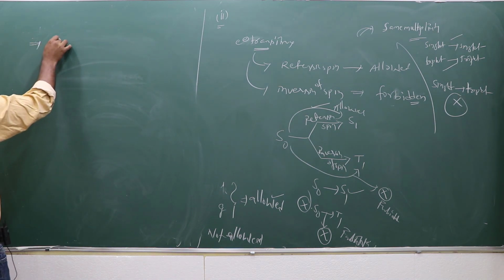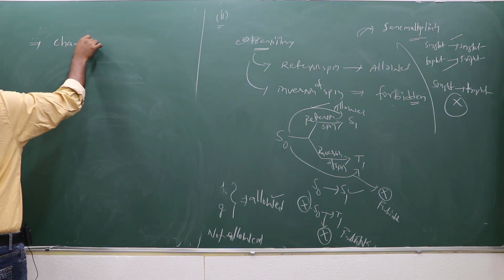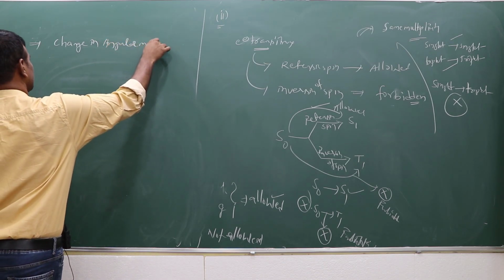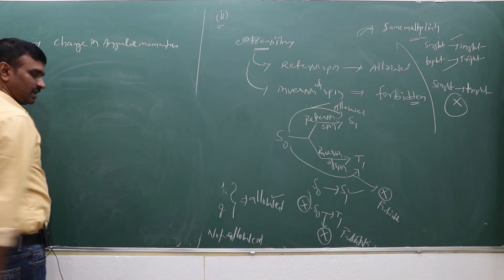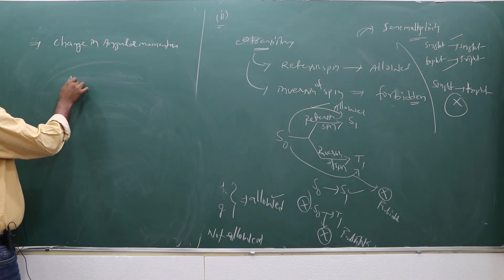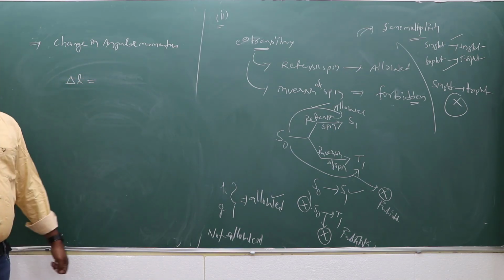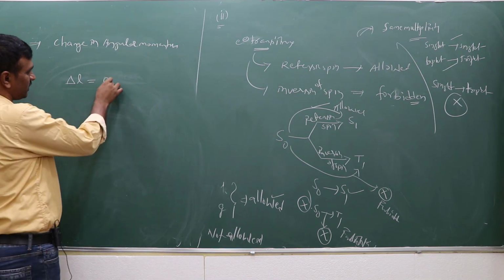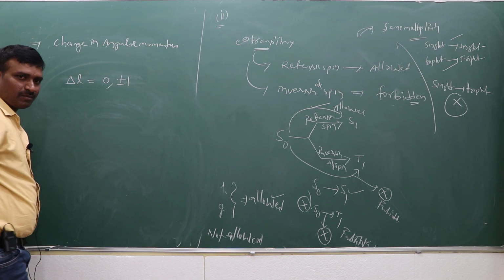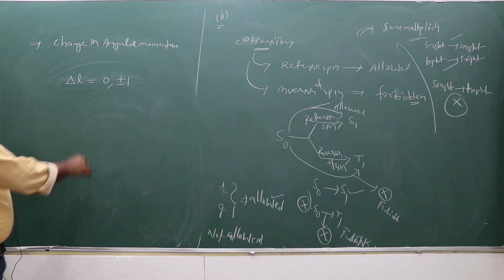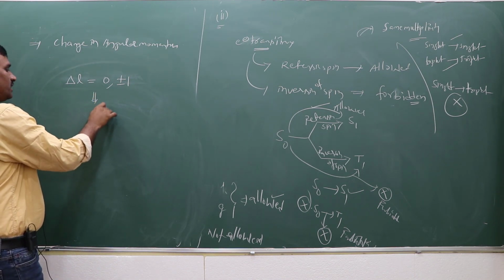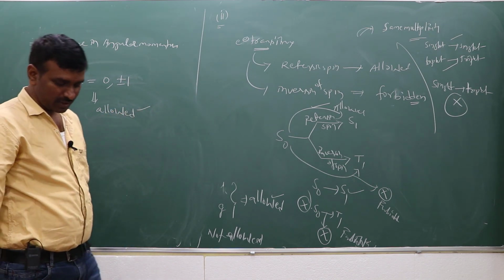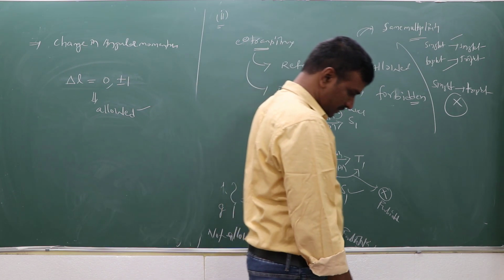If the change in angular momentum of electrons, delta L, is 0 or plus or minus 1, then those electronic transitions will be allowed.